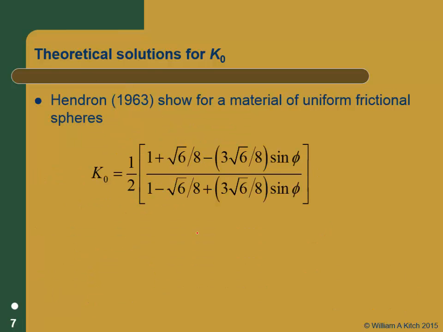So let's talk about some other ways to get at K naught. Well, Skip Hendron in his PhD thesis in 1963 was looking at the behavior of sand under really high stresses. He was actually doing work for the Department of Defense related to the nuclear weapons business. And he did a theoretical solution.